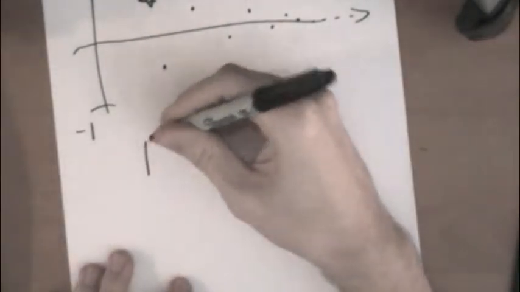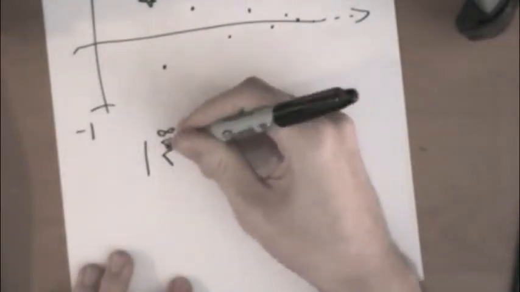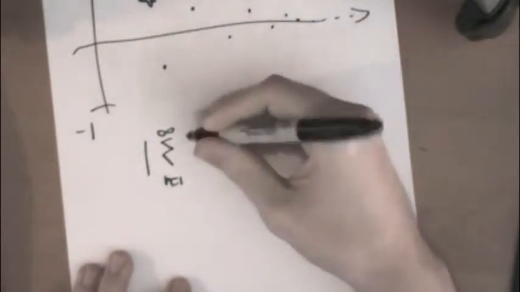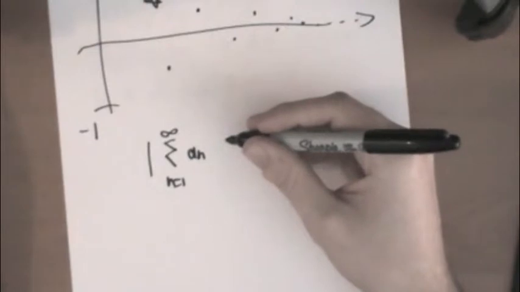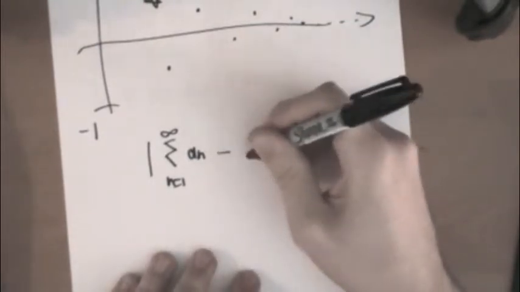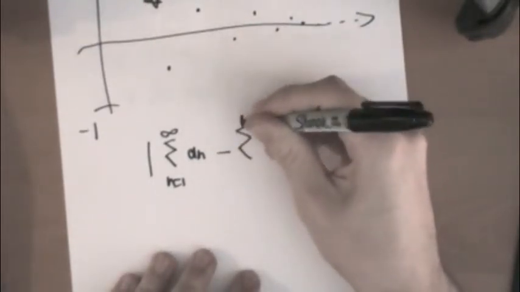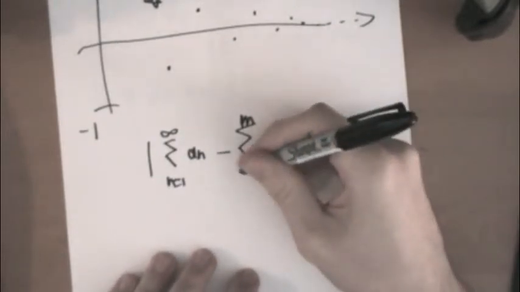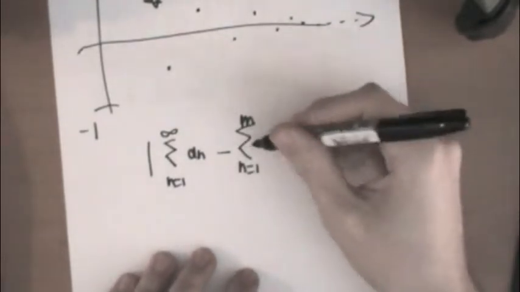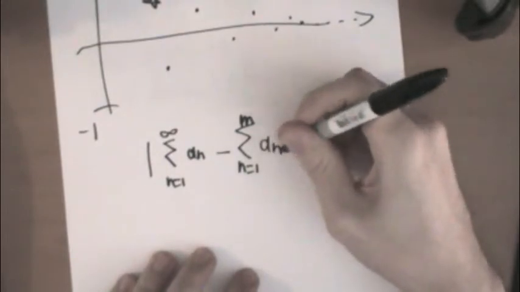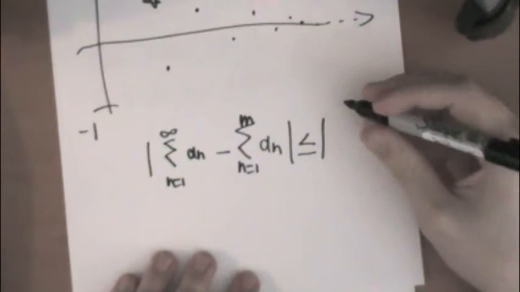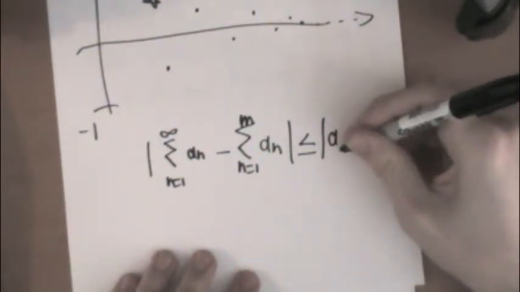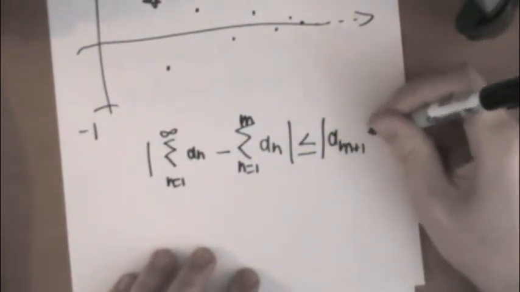What it states is the maximum error that you can have in this situation, so this would be the summation of all the terms minus the summation up to that value of the same function, is less than or equal to the value of the m plus 1th term.